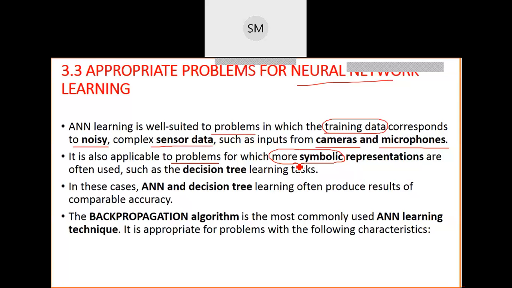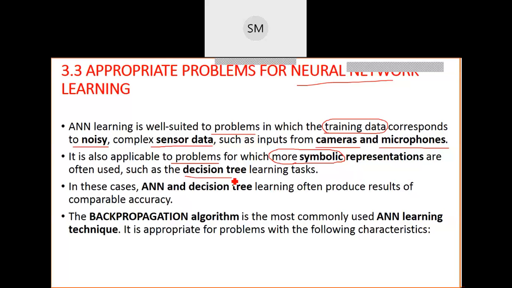In the first module we also studied hypotheses, represented in angle brackets with constraints like a specific attribute value, sometimes a question mark, sometimes a null symbol. That is a mathematical notation, but if we represent our hypothesis with more symbolic representations, like a decision tree, for such problems also we can apply this artificial neural network.